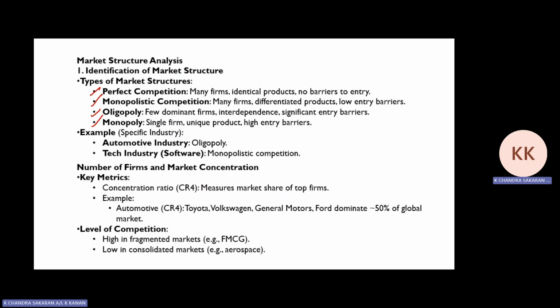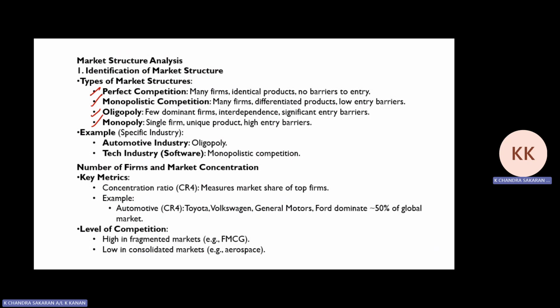Differentiating the product gives the firm some market power to set the price. You find that in all monopolistic competition. The word competition means there are many small firms selling similar products, very close substitutes, like the food industry. Easy to enter, easy to exit.